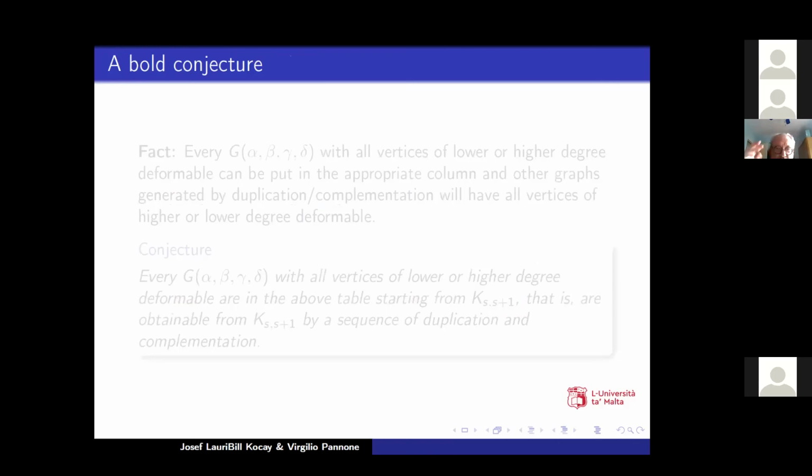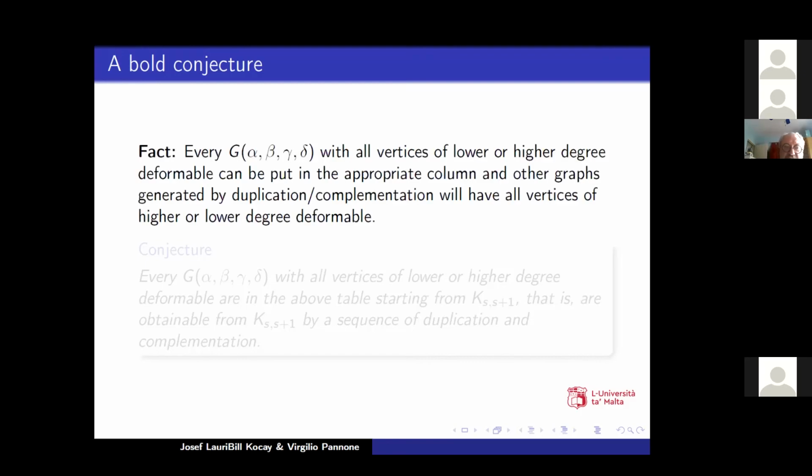Why bold? Because we don't have a lot of evidence in its favor, although we are sort of getting there a bit. First, before the conjecture, facts. If you have a graph of this type, remember the degree classes form an equitable partition, and it has either all the vertices of lower degree or all the vertices of higher degree deformable.